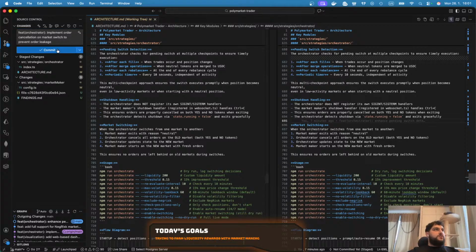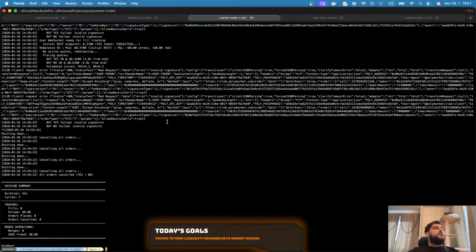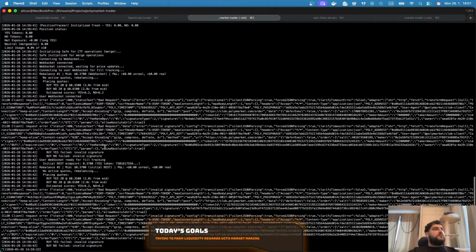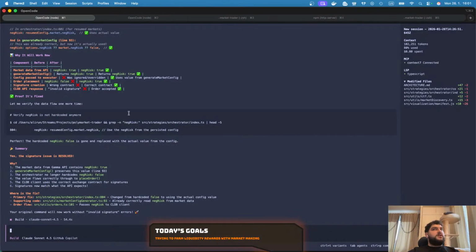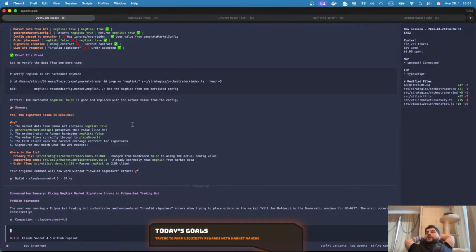Okay, so now we will need to share these logs as well with our previous chat, which was handling the issue. Okay, compact. Let's first start with compaction, because otherwise we'll get the stupid model right away.